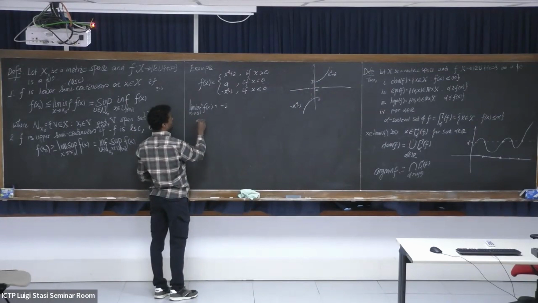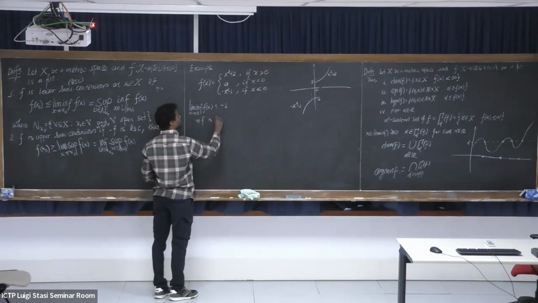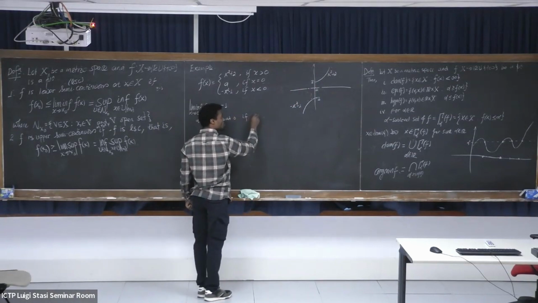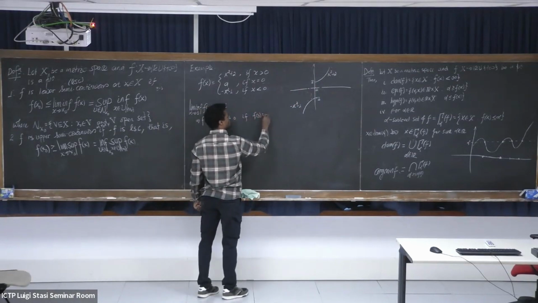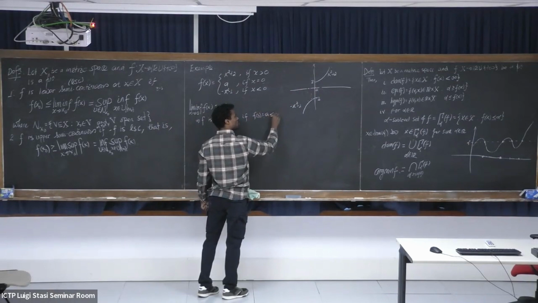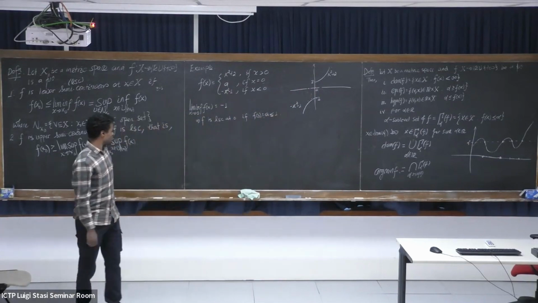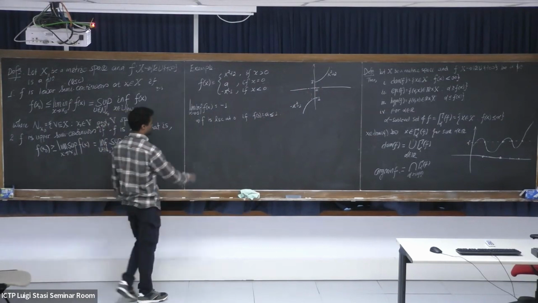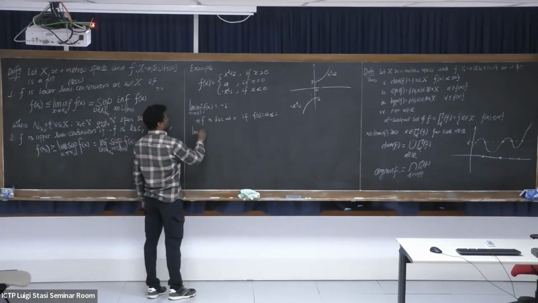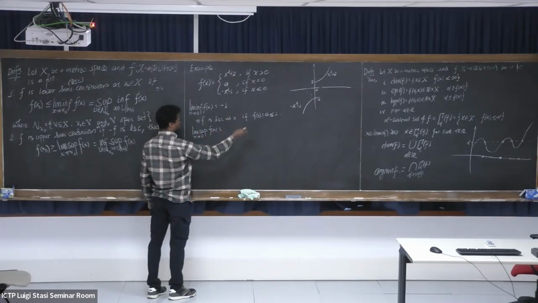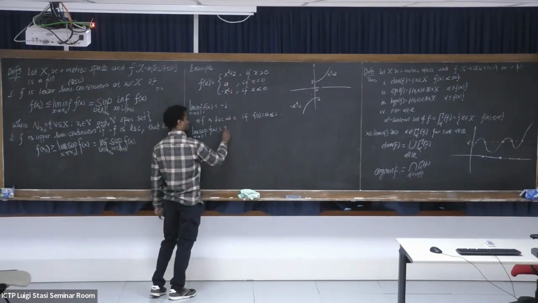So meaning that F is lower semi-continuous at zero if f of a, f of 0 equals a, should be less than or equal to 1. The value of a should be less than or equal to 1 to be lower semi-continuous. Let's look at how f of x as x goes to 0 is 2.